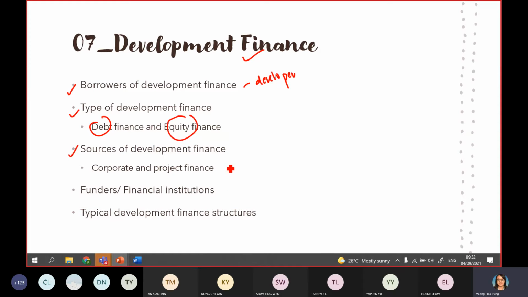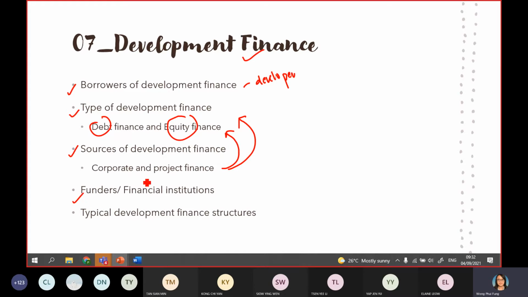Then in terms of the sources, how can they raise their finance? It can be through corporate finance or project finance. Corporate and project finance can actually also raise debt and equity finance. This one I have discussed very clearly with you at tutorial number 5, so feel free to refer.